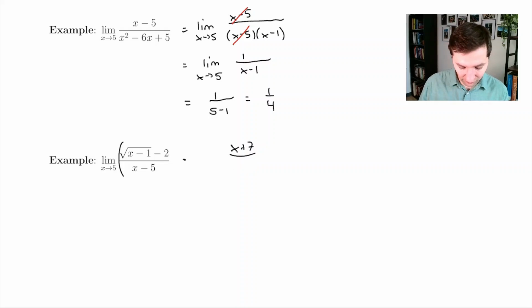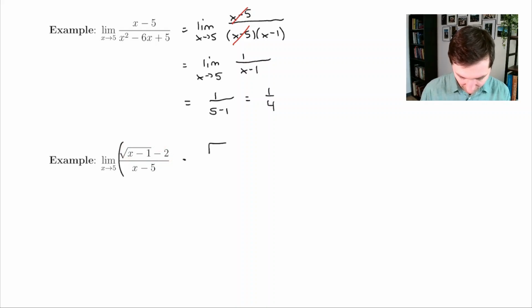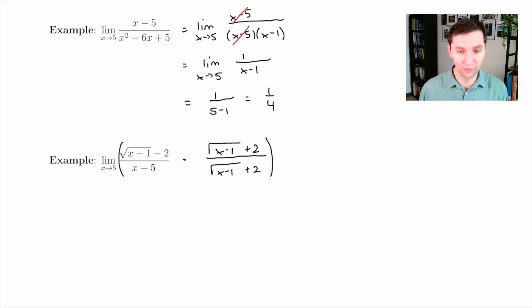What I am going to multiply it by is what I have in the numerator, but with a plus sign between the two terms instead of a minus sign. So I will multiply it by square root of x minus 1 plus 2 divided by the same term, square root of x minus 1 plus 2. The reason why I'm doing it will be clear in a moment.